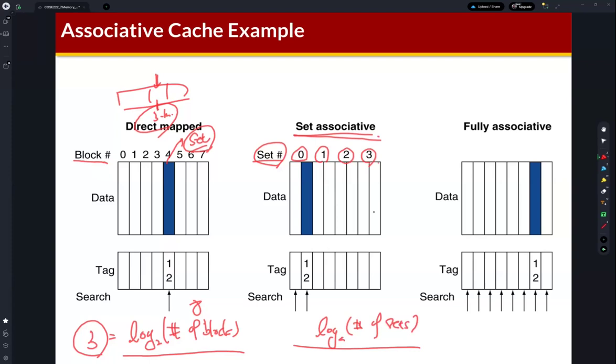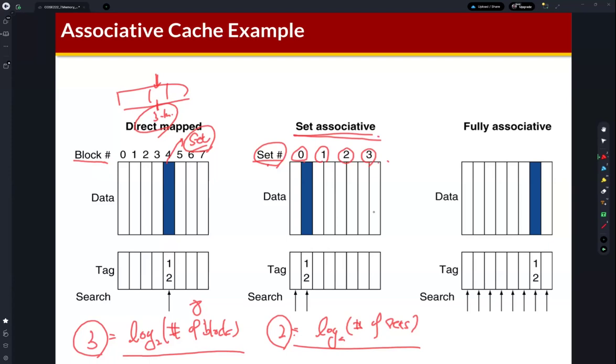Here there are 4 sets, so the number of bits in the index field is 2.